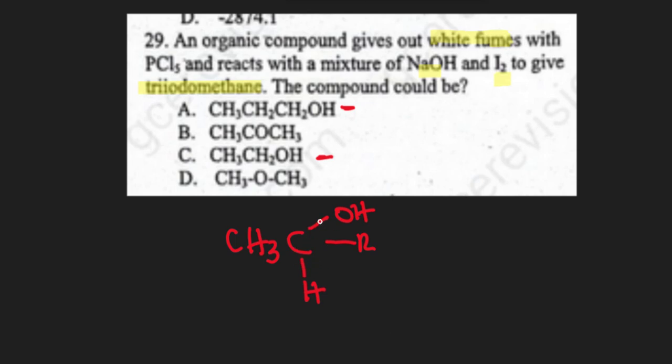As long as we have a methyl group attached directly to the carbon atom carrying the OH group, it is going to give a positive iodoform test, making ethanol our answer, because propanol does not have a methyl carbon attached directly to the carbon carrying OH, but this one does. We open up ethanol, CH3CH2OH. So this is ethanol, methyl carbon OH, making C our correct answer.